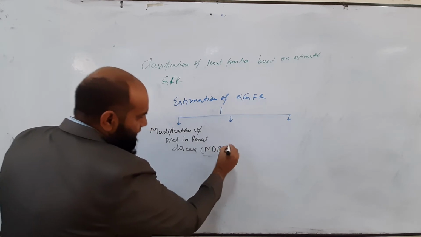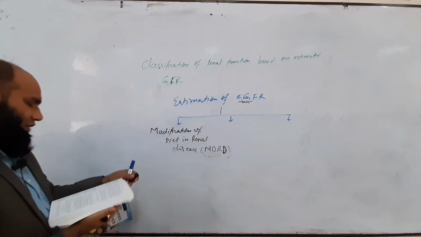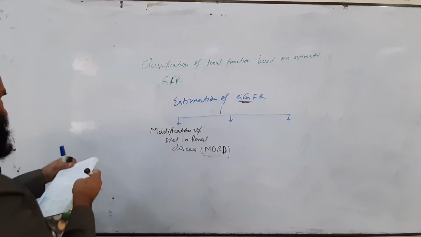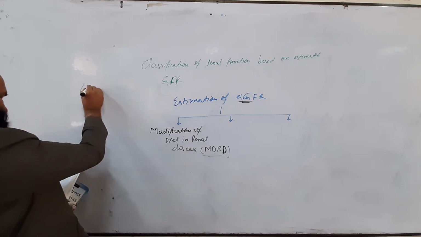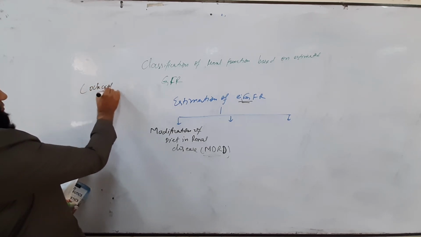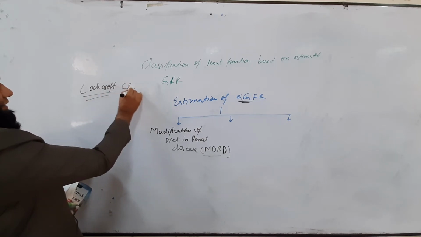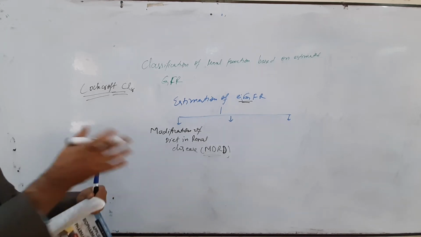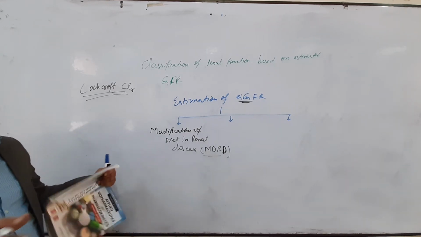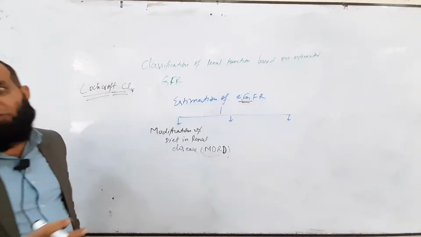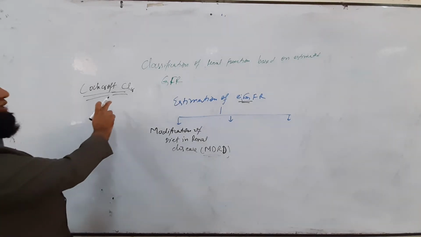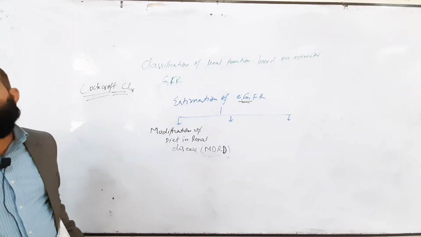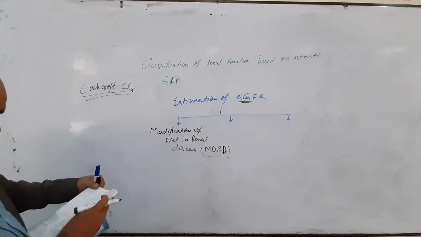One is MDRD for eGFR, and the other is application of the Cockcroft method for creatinine clearance. I will write both in comparison form because we are using both, but the most acceptable is the MDRD method. Why is it most acceptable? Because the Cockcroft method was tried in very few patients, but the MDRD method has been tried on a large scale, in a large number of patients.